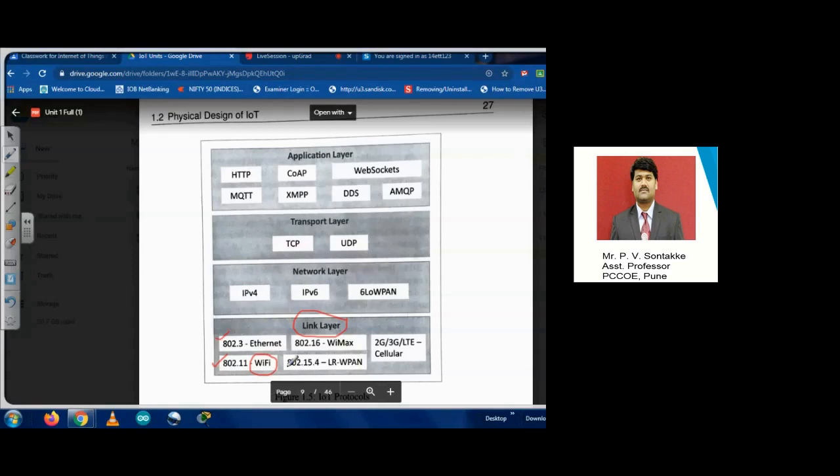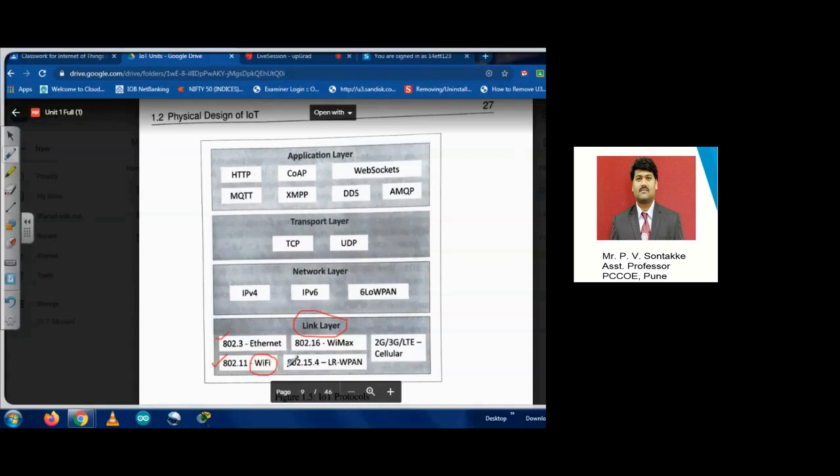Now, this will be considered as Wi-Fi. You can provide certain encryption algorithms, which we can say is WEP. You can simply go to the firmware of your router. It will show WEP, then WPA, WPA PSK2, PSK1. These are the encryption algorithms. So we can use Wi-Fi Protected Access.